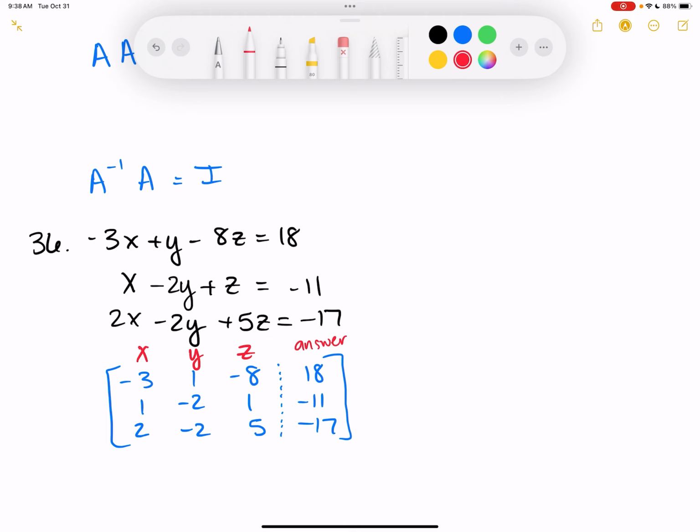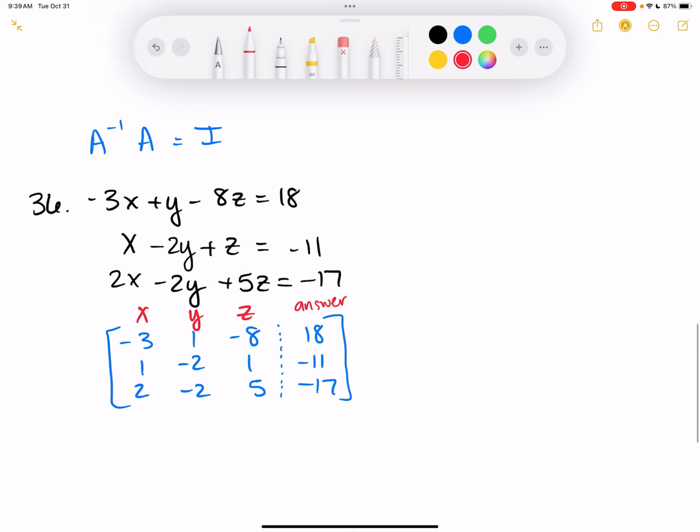And so what you're going to do is type that matrix in. Let me know once you have that typed in.